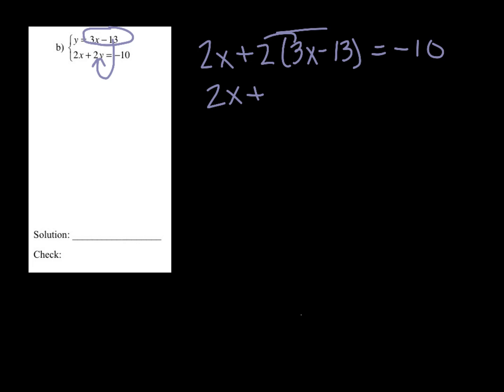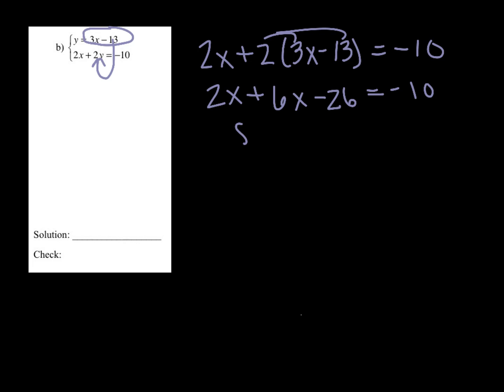So instead of 2x plus 2y equals negative 10, you're going to have 2x plus 2 in parentheses, that expression, 3x minus 13, equals negative 10. Now you have an equation with only one variable, x. So go ahead and solve it. Distribute that 2 inside there, so 6x minus 26 equals negative 10.